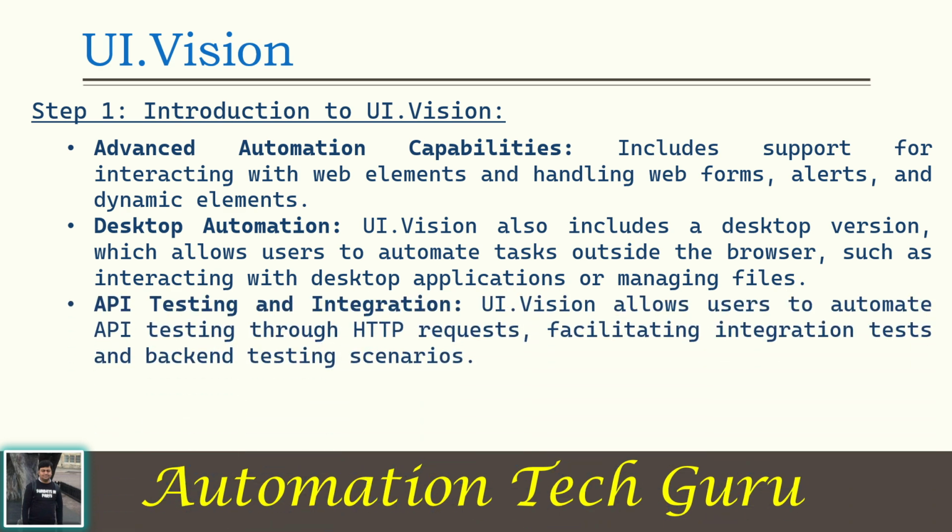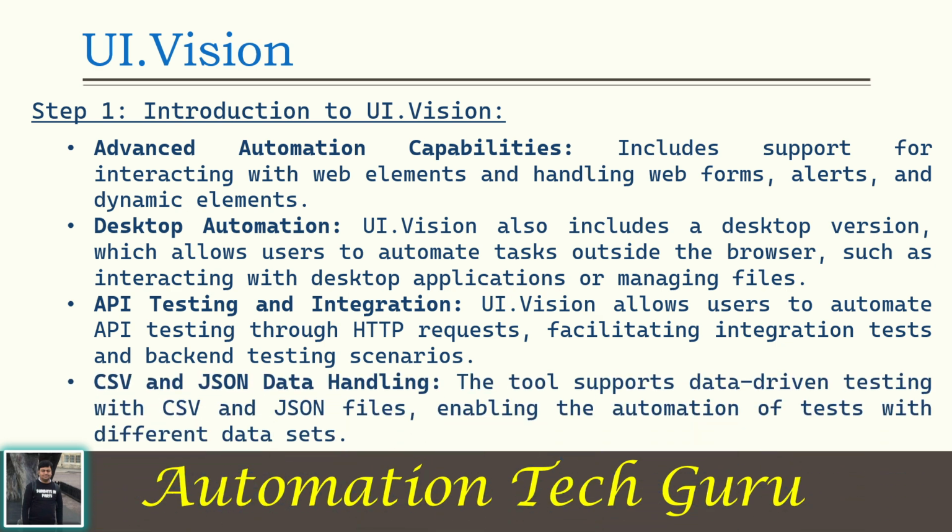API testing and integration: it allows users to automate API testing through HTTP requests, facilitating integration testing and backend testing scenarios. CSV and JSON data handling: the tool supports data-driven testing with CSV and JSON files, enabling the automation of tests with different data sets.